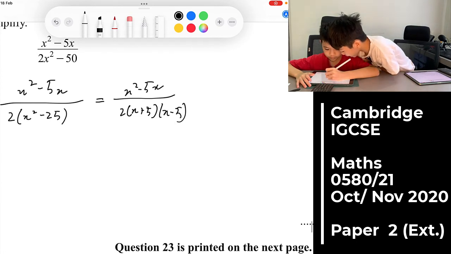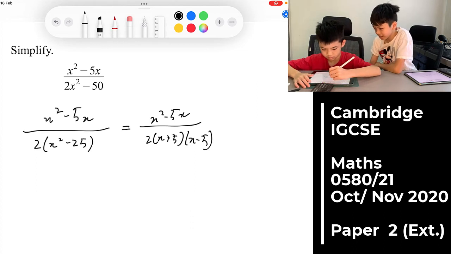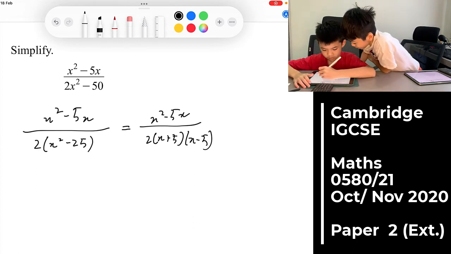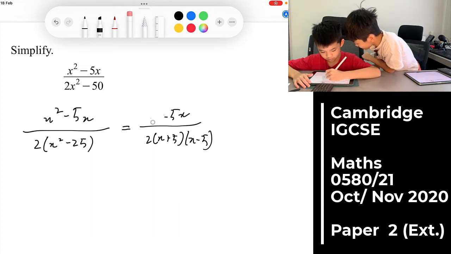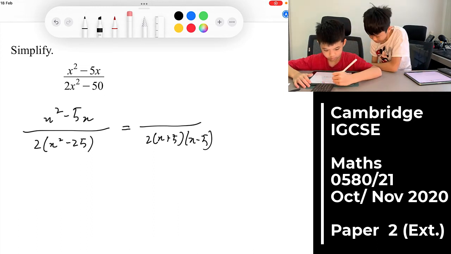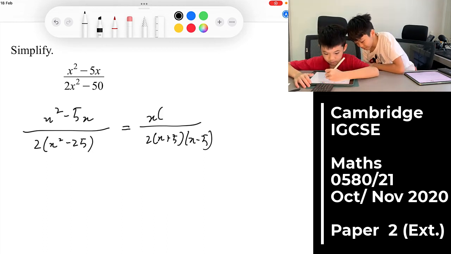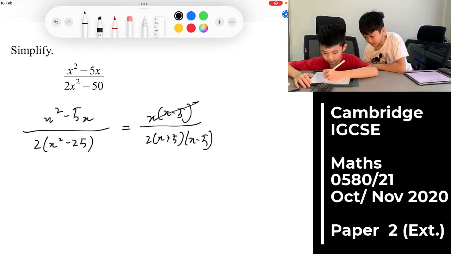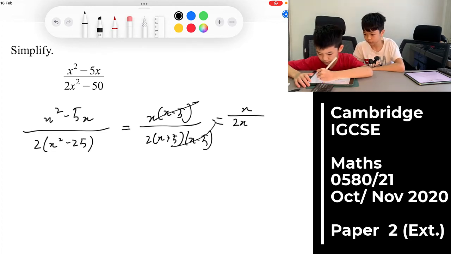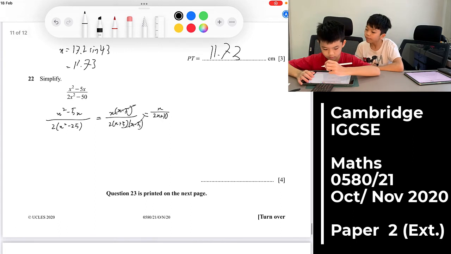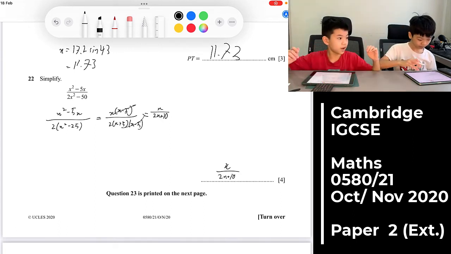That's the difference of two squares: x plus 5, x minus 5. You can factorize the top with the x. Then it would be x times x minus 5. Cancel, which is equal to x over 2x plus 10. Yes, because it's simplified. Ta-da!